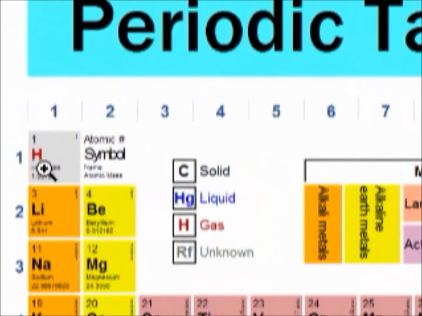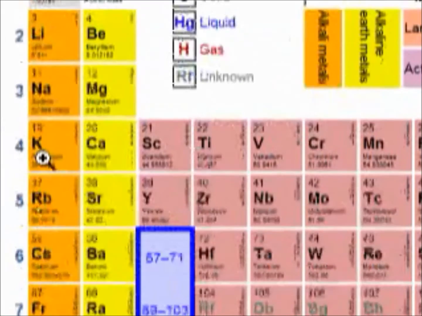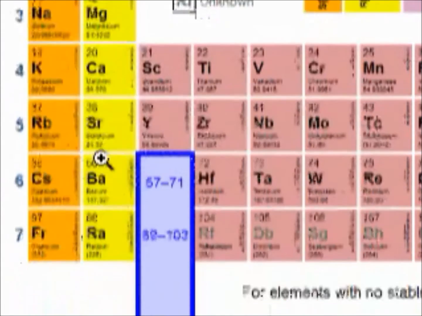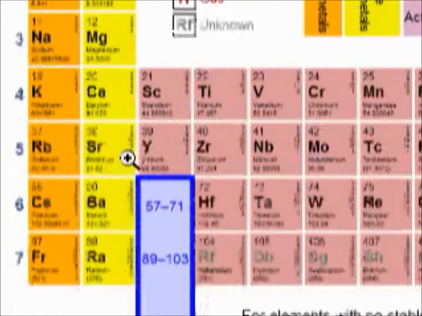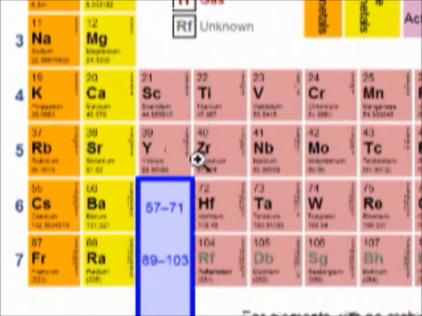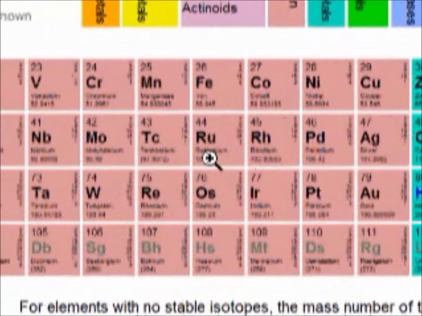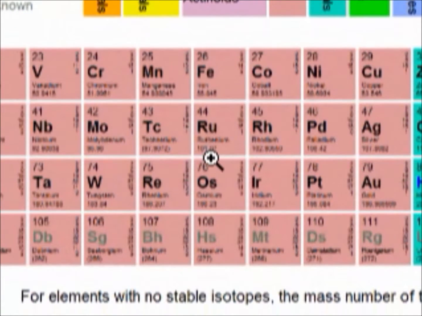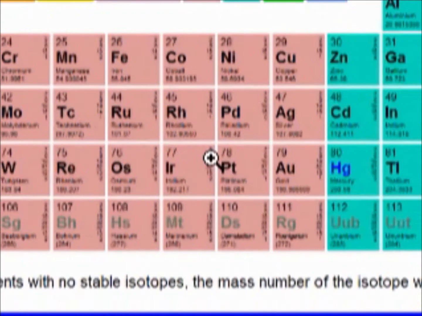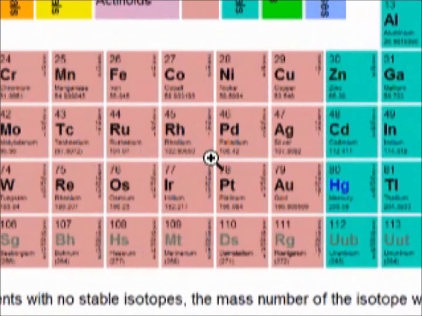Group 1 down here is the alkali metals. Group 2, these are the alkaline earth metals. Groups 3 through 12, all of these are the transition elements, or the transition metals.